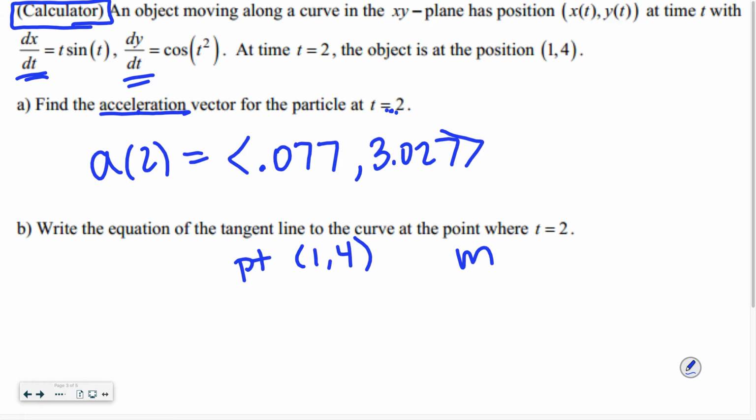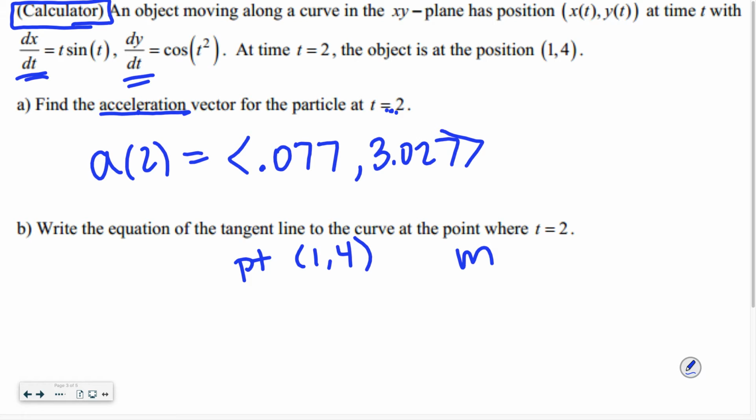In this particular case, look at what we were given. We were given dx/dt and dy/dt. Do we need to take a derivative? You just plug it into those two. But that's two numbers. I want one number. How do I get one slope? You put them together by dividing them.